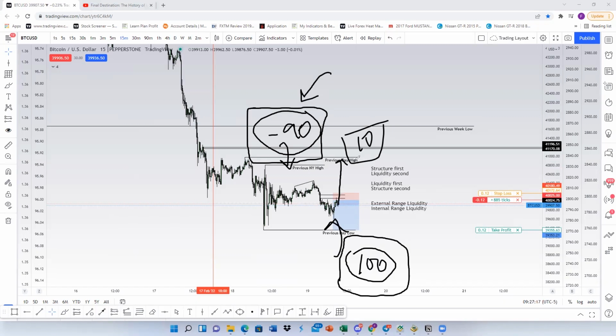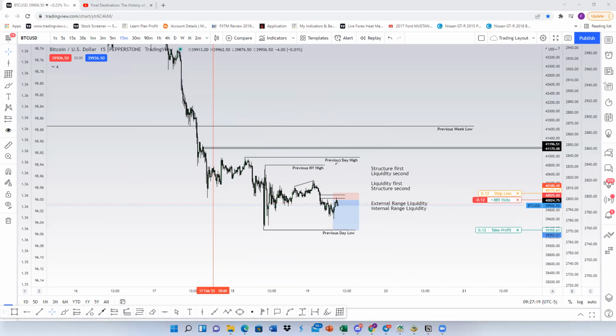There's going to be a sizable displacement to the other side. So that's giving you your bias. Okay, you understand the logic behind it. Let's make it simple, right? Big orders. Price takes out big orders. Therefore, price needs to go to the opposing side.